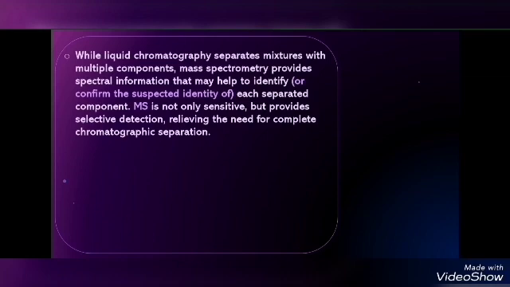While liquid chromatography separates mixtures with multiple components, mass spectrometry provides spectral information that may help to identify or confirm the suspected identity of each separated component. MS is not only sensitive but provides selective detection, relieving the need for complete chromatographic separation.